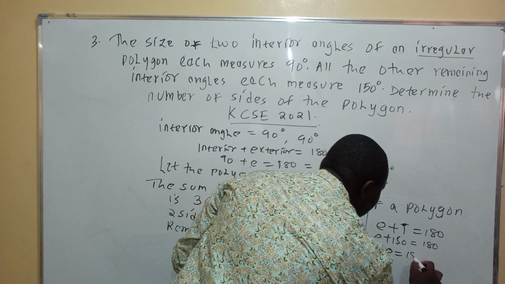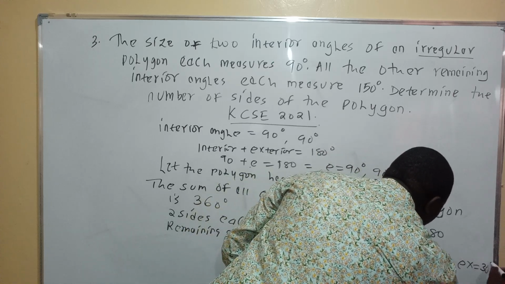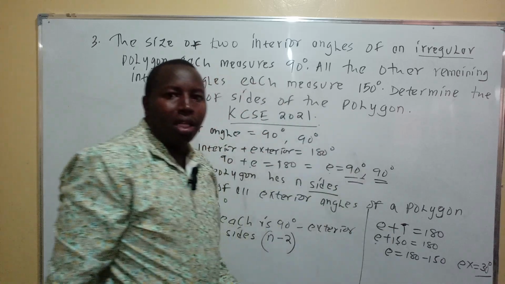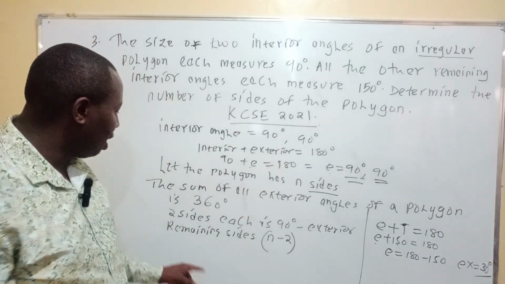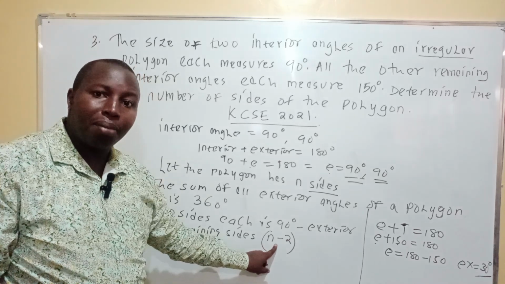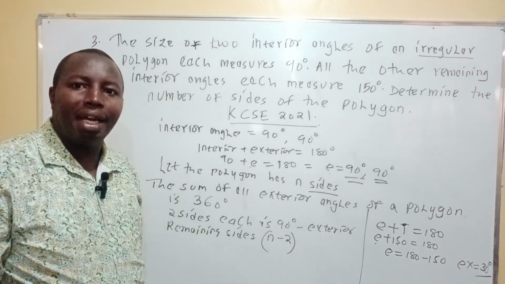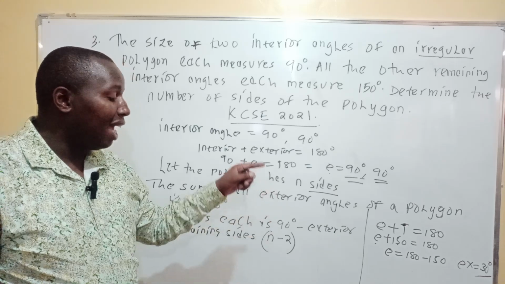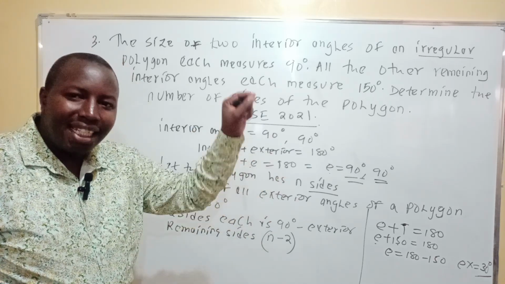The exterior angle is 180 minus 150, which is 30 degrees. So all the remaining n minus 2 exterior angles are each 30 degrees.